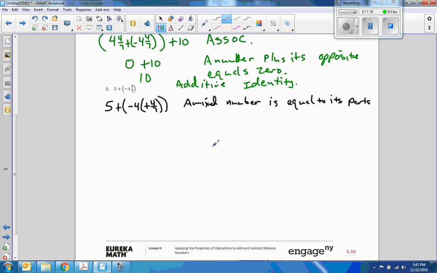Now I'm going to do what I just said, which is distribute. So it's going to be 5 plus negative 4 plus negative 4 sevenths.